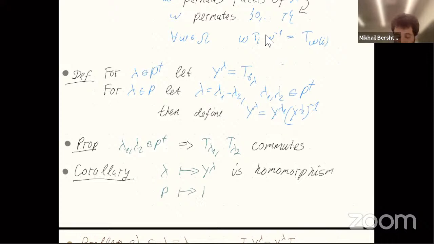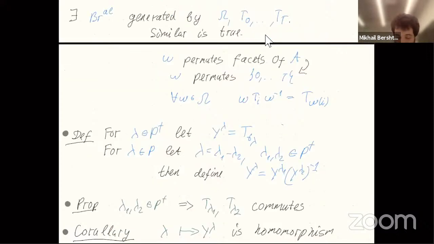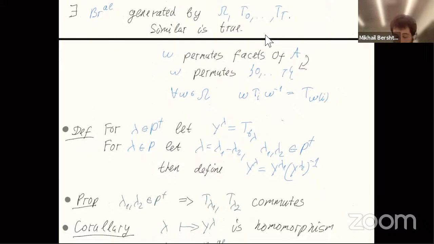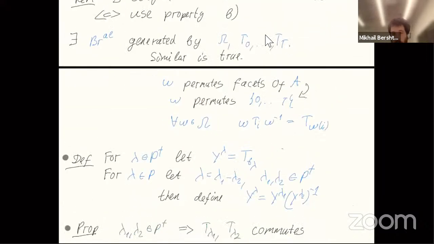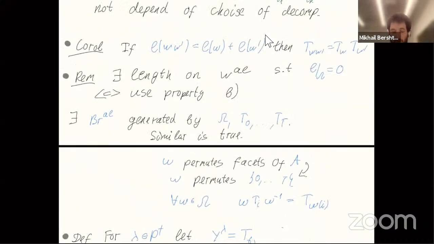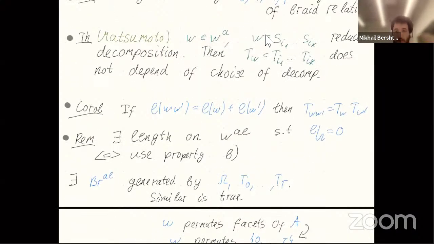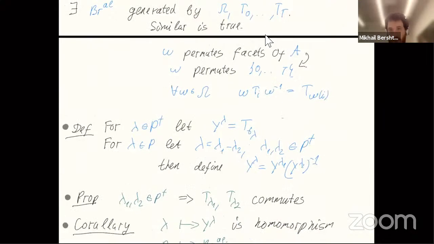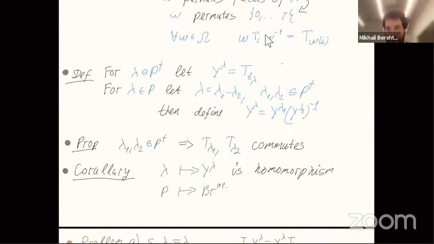So the naive map, which maps W to the corresponding T_w, is not a homomorphism. It is impossible to find the Weyl group inside the braid group, but it appears that we can find the translation part inside the braid group. And this construction is very useful.